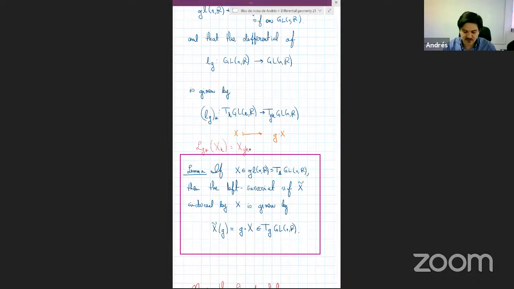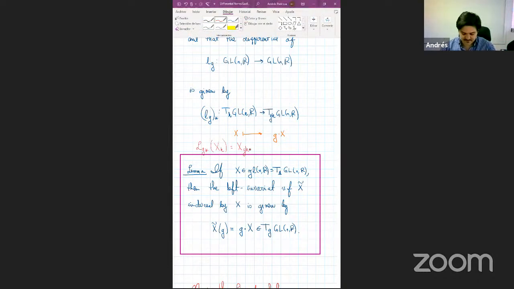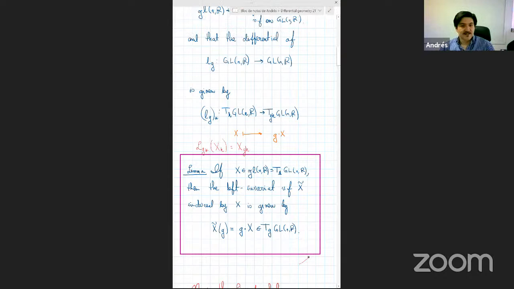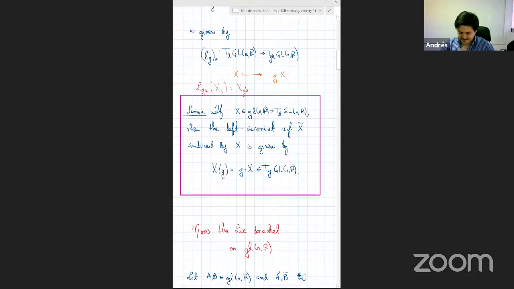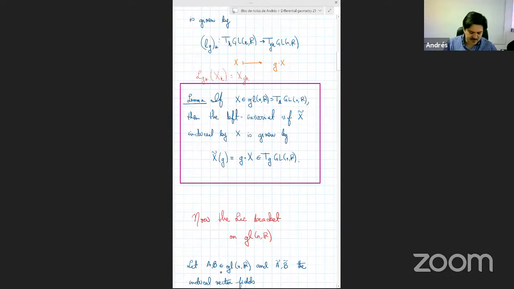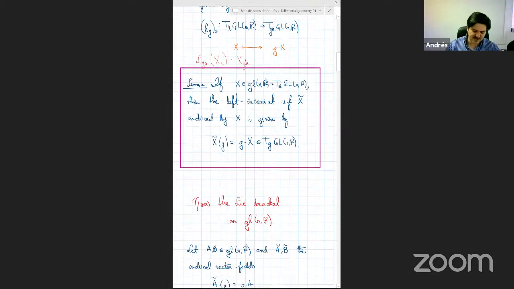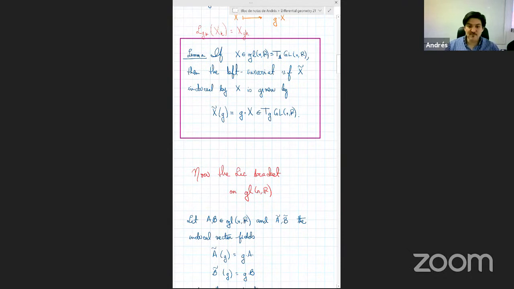So far, we have a description of the left invariant vector field. Now let's try to compute the Lie bracket of two vector fields. This is our goal. Take any two elements of the Lie algebra, and we have the induced left invariant vector fields. By the previous result, the vector at g looks like this.